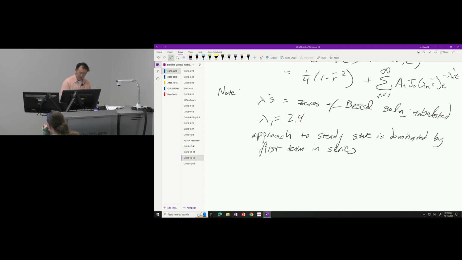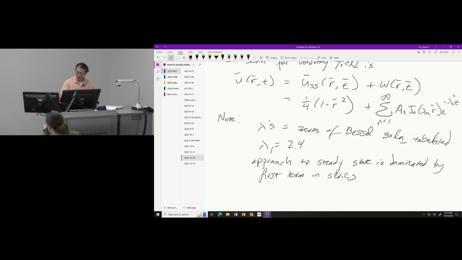For example, this equation has an exponential. That lambda n squared gives you an idea of the decay time, like how long that exponential takes to go to 0.